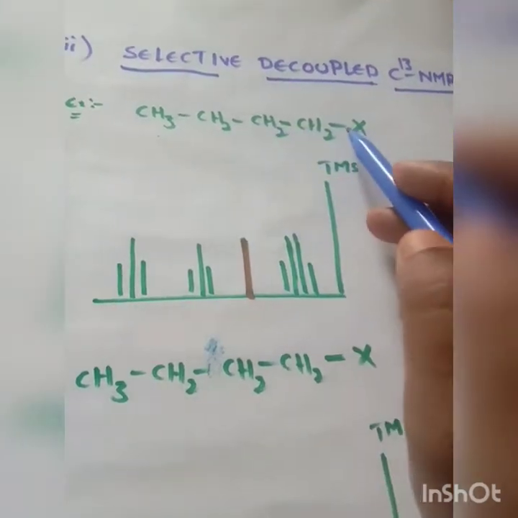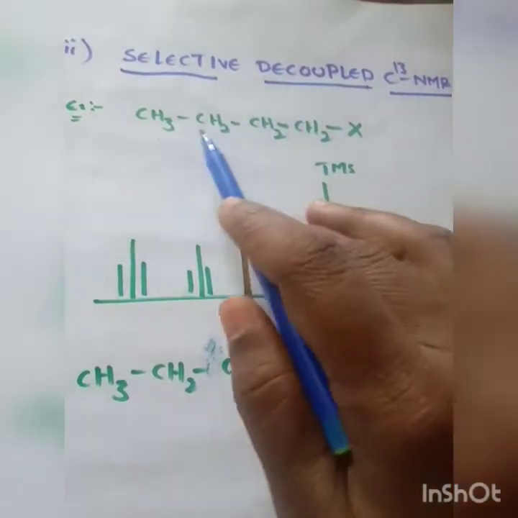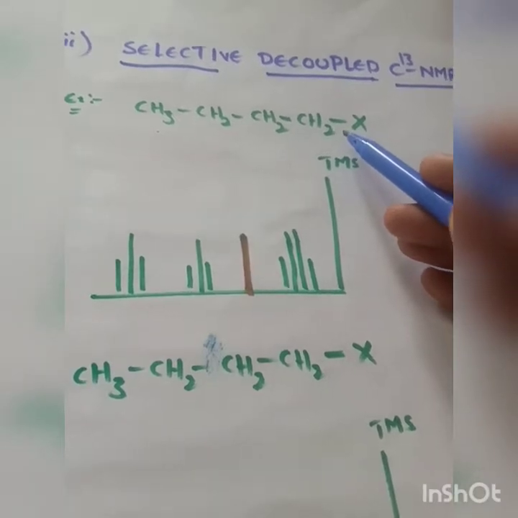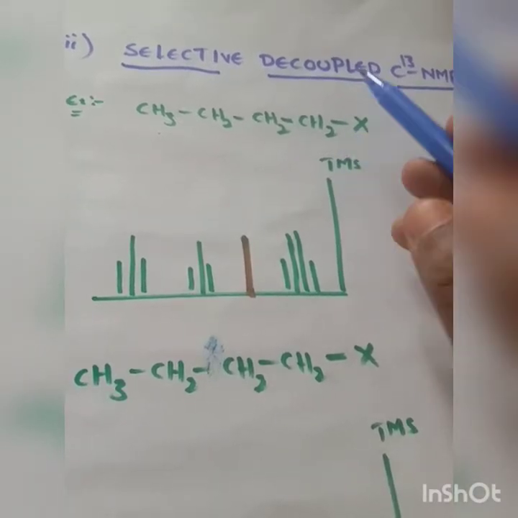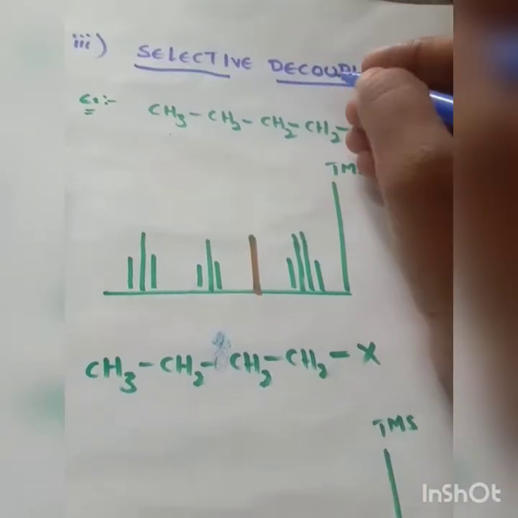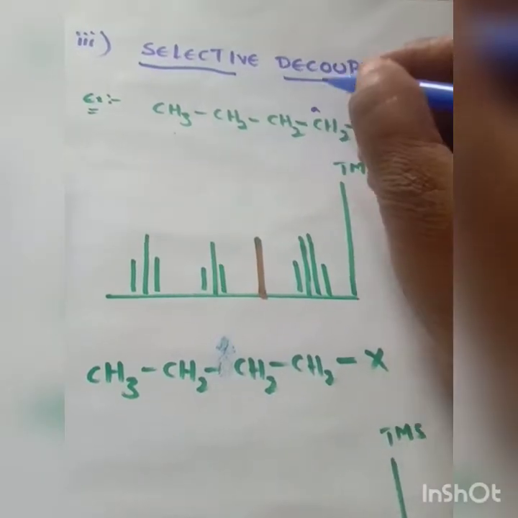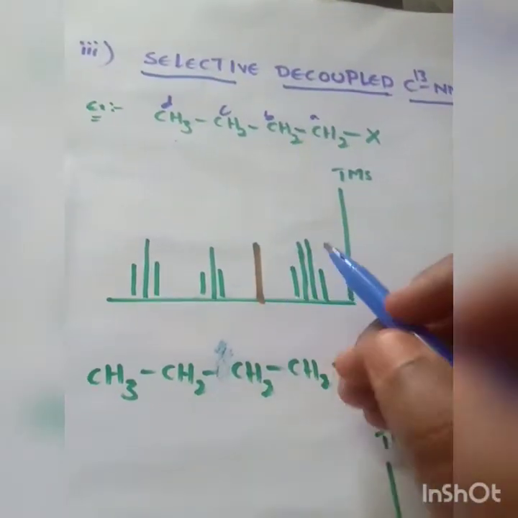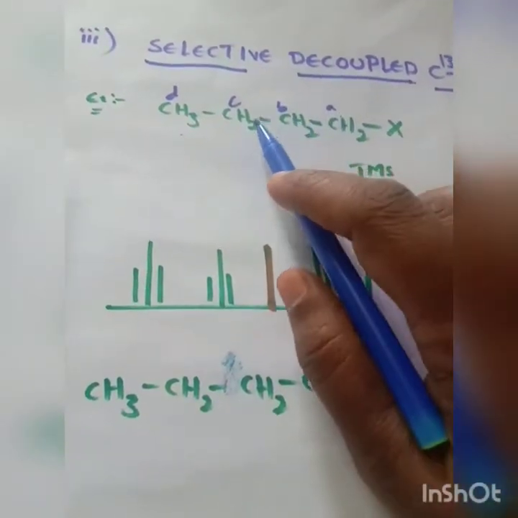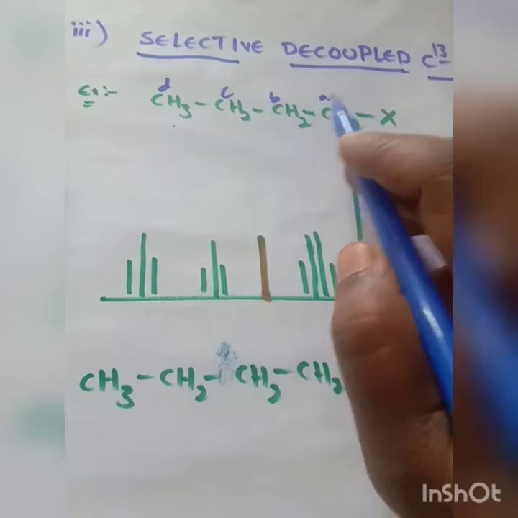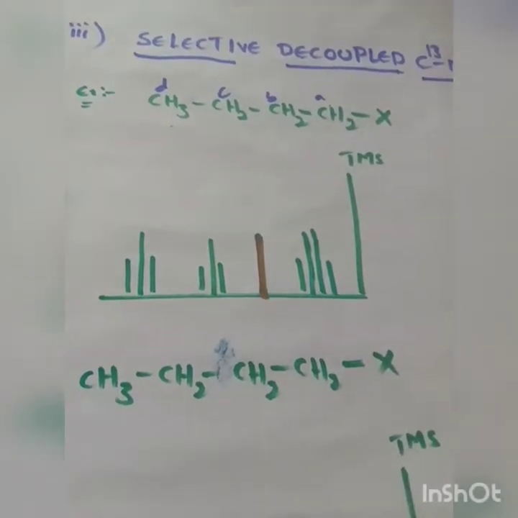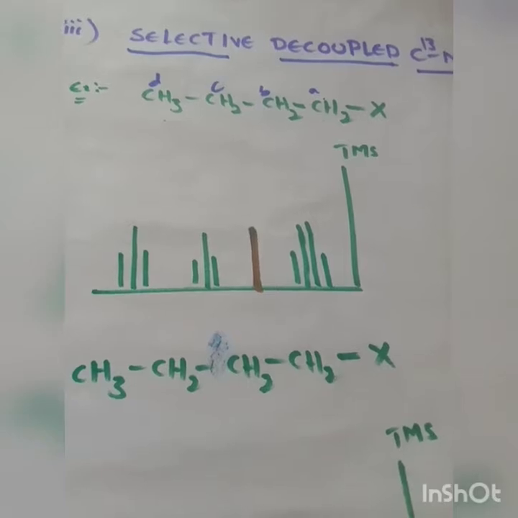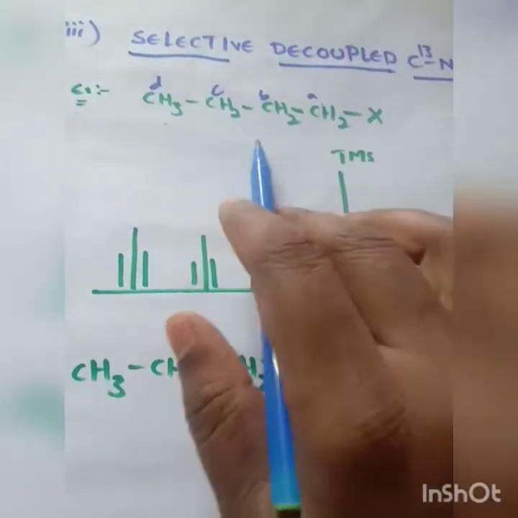The compound name is 1-halopropane. In this 1-halopropane, how many types of carbons are present? A, B, C and D. Four types, which means 4 non-equivalent carbons due to different connectivity.